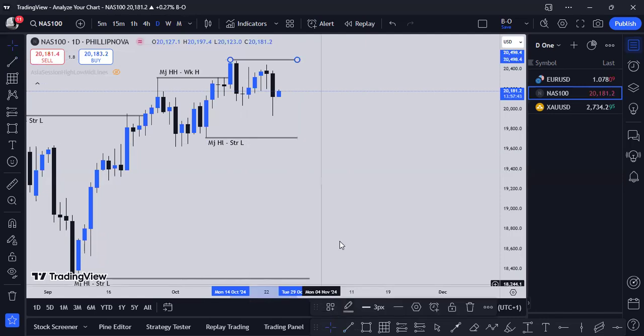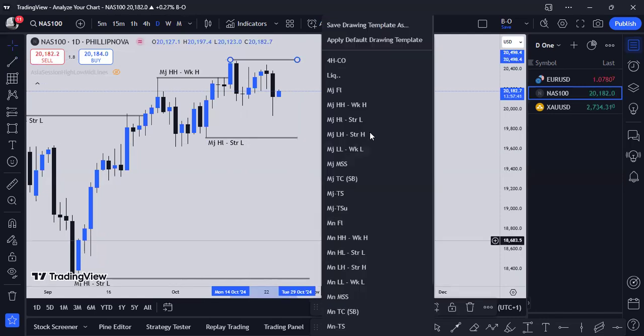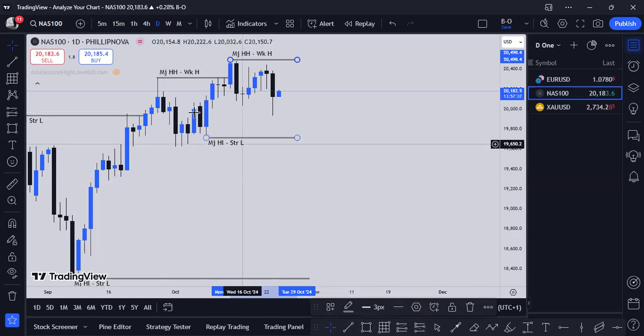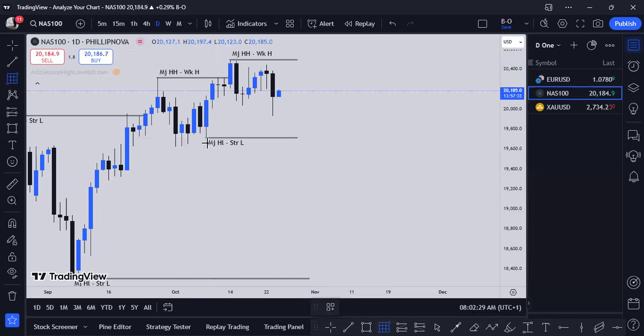So from this low to this high, we are expecting a reaction that will break this high. But what can we see? This other block that we have here, market reacts from it.